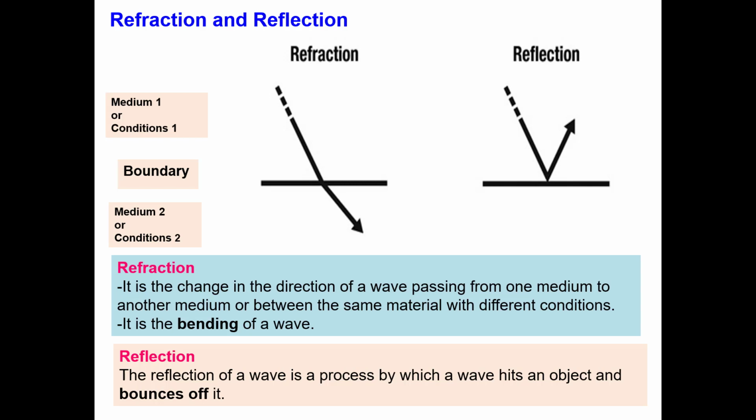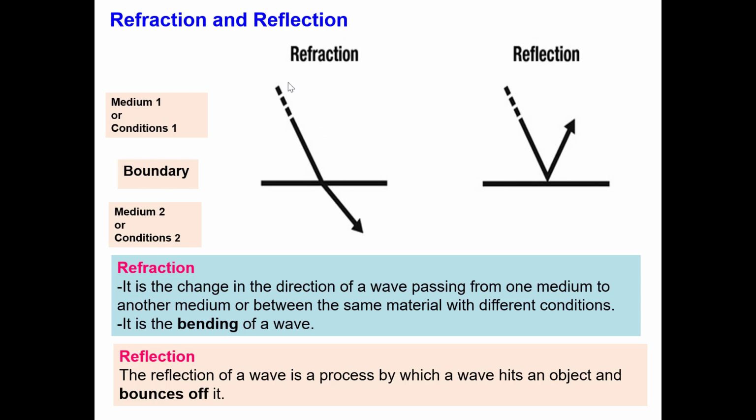Then, what happens when the wave that is traveling changes from one medium to another medium? Because the velocity of the wave depends on the medium, the velocity of the wave changes.